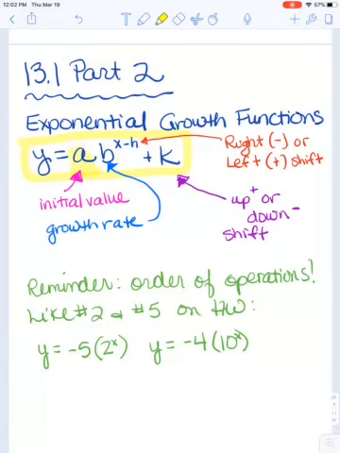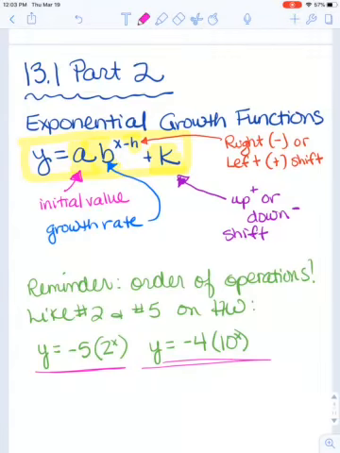A is your initial value, B is your growth rate, and if there's any right or left shift, it's going to be shown with an H, and up or down shifts for the graph are going to be shown with K. Frequently when we're working with our functions, they just look more like the examples from 2 and 5 yesterday, where we don't have a right or left, up or down shift.